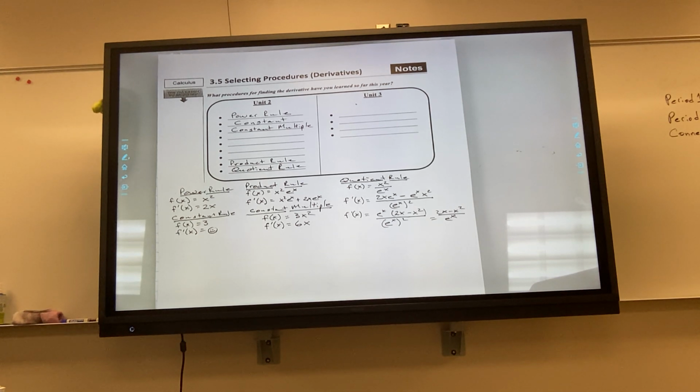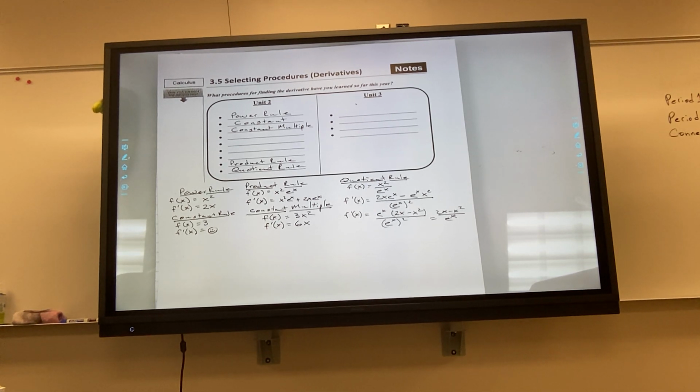I'm pretty sure that's just a power rule. You know what, I'm not gonna disagree with you. It's just kind of a special power rule. You're just taking the 2 times the 3 rather than the 2 times the 1.